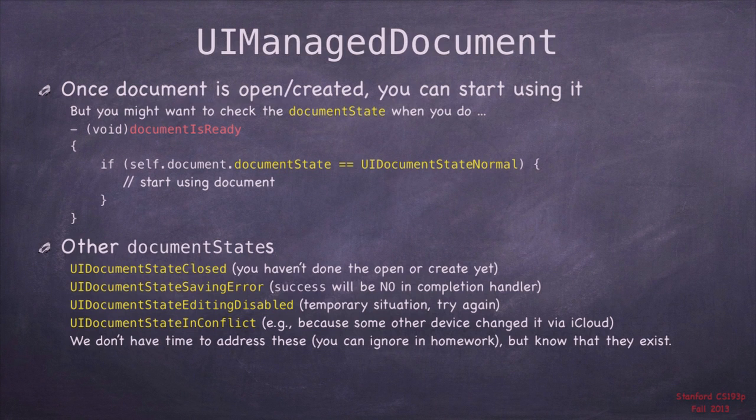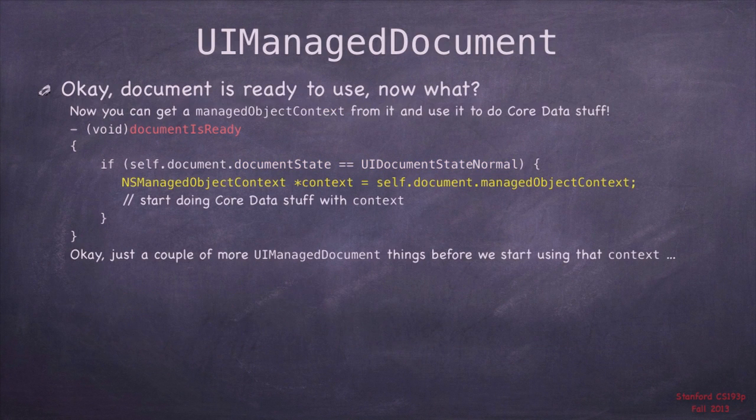So that might be the first thing I do, is check its state to make sure it's ready to go. If it's not, like if it was closed, then I might go back and try to open it or create it again. If it's got an error, I might wait a while and try this again or something like that. So anyway, let's say I have this document in a normal state. Now what am I going to do? Now I'm going to grab that NS Managed Object context and go start doing some Core Data stuff. That's it. Okay? So this is how we get started.